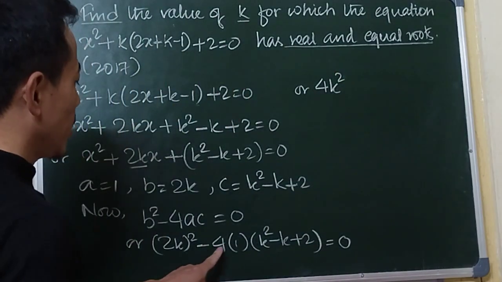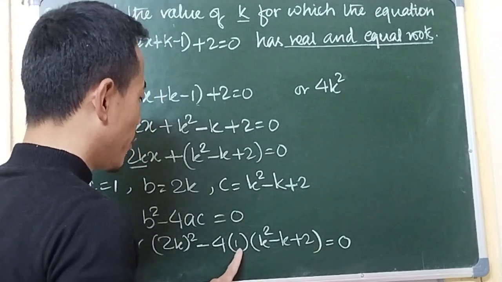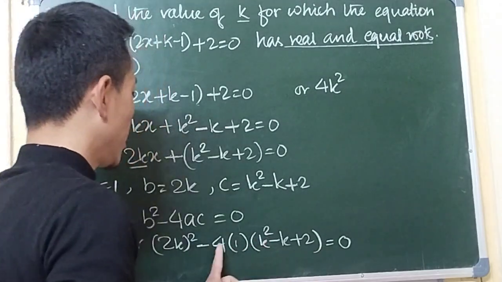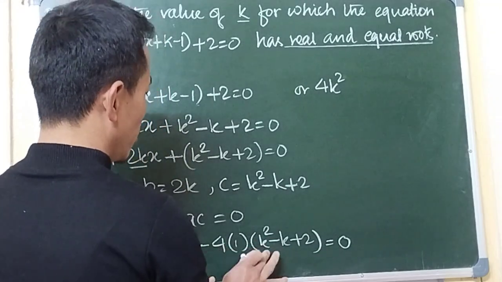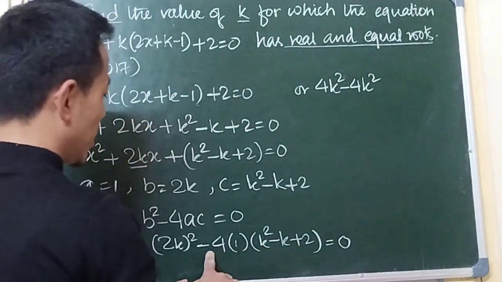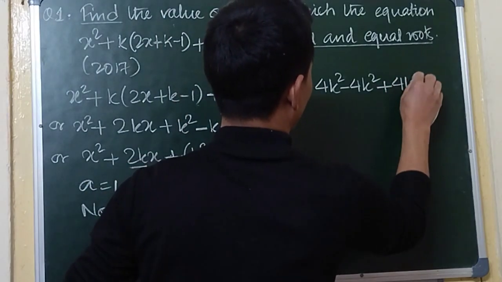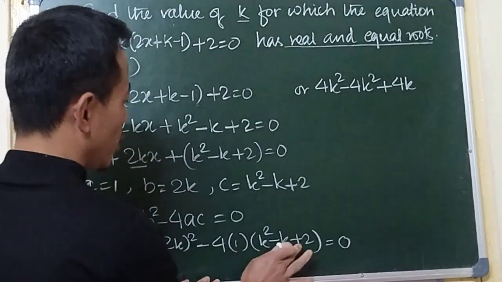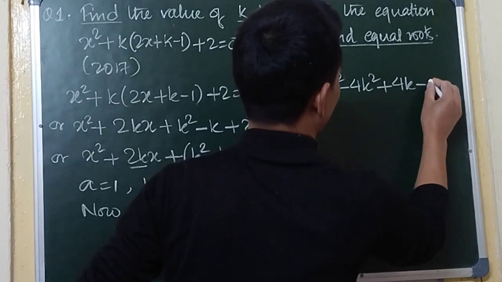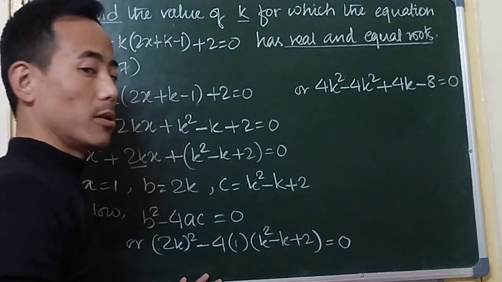Then multiply the entire term with 4. Open the bracket with minus 4. So minus 4 into k square gives you minus 4k square. Minus 4 into minus k, minus minus becomes plus, so we have 4k. Minus 4 into plus 2, minus into plus becomes minus, 4 into 2 is 8. So this will be equal to 0.